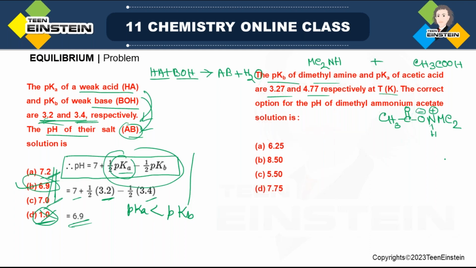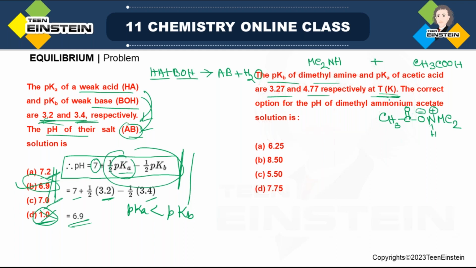Now under this condition, we have to find the pH of dimethyl ammonium acetate. Here 25 degrees is not mentioned, it is mentioned T K. As we will be using this formula, and in this formula, this 7, as we saw last day, is basically coming from pKw by 2. Now pKw is 14 only when it is 25 degrees, so 14 by 2 is 7.